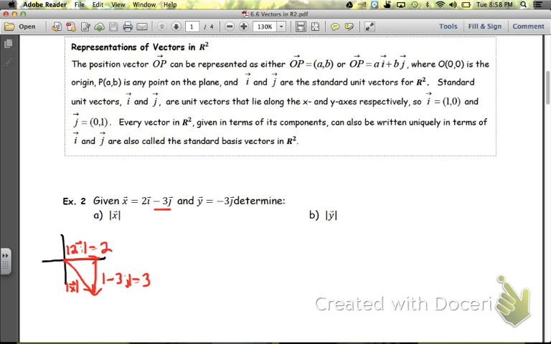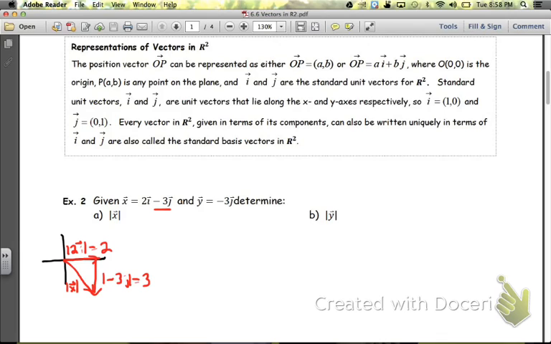How can we find the magnitude of x? Normally, to find it you take your 2 points and subtract them from one another, but since our points lie on our unit vectors i and j, that point there would be (2, 0) and the point here would be (0, -3).